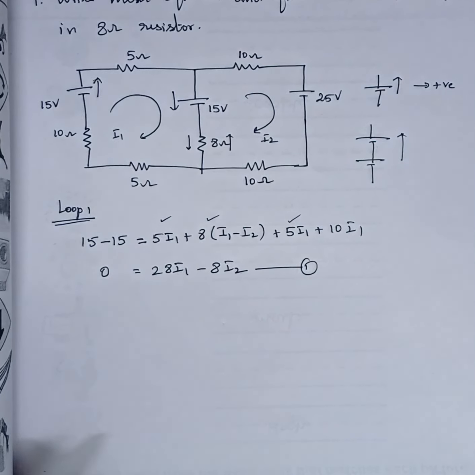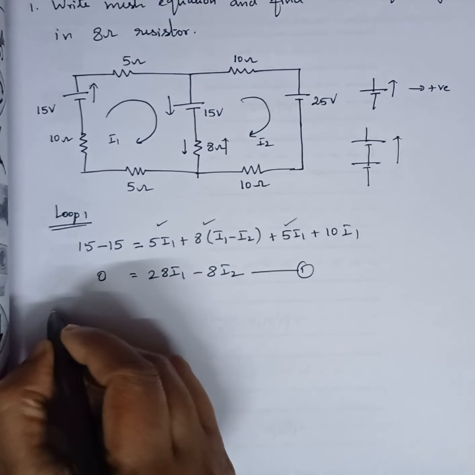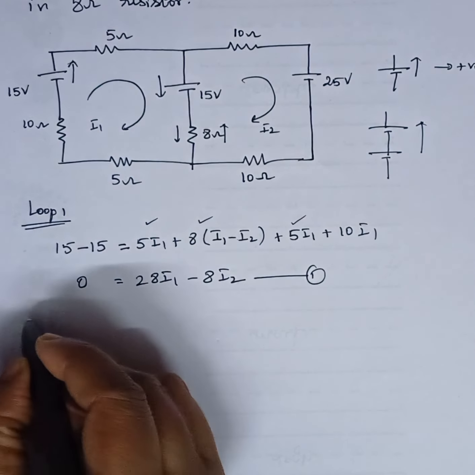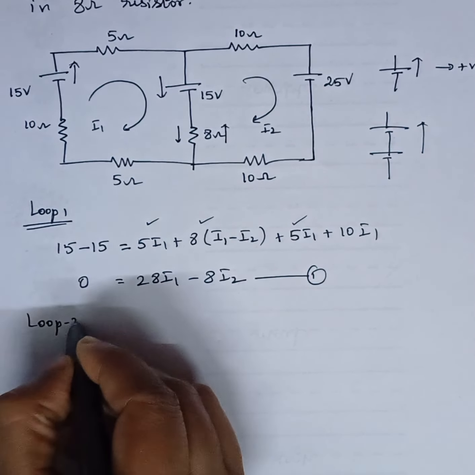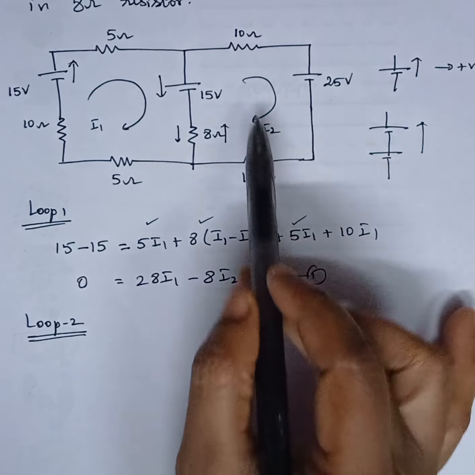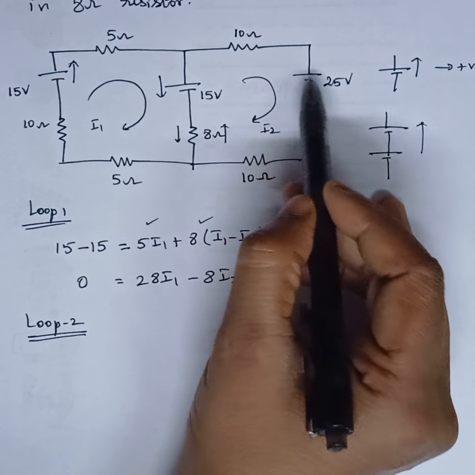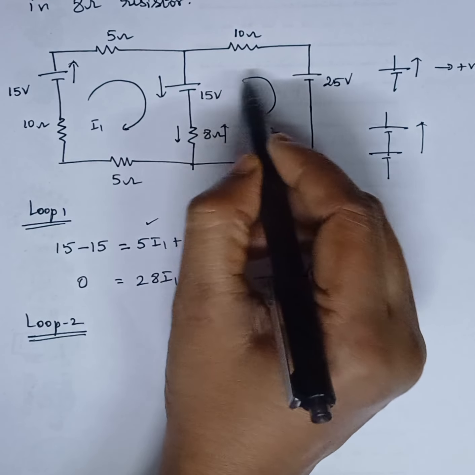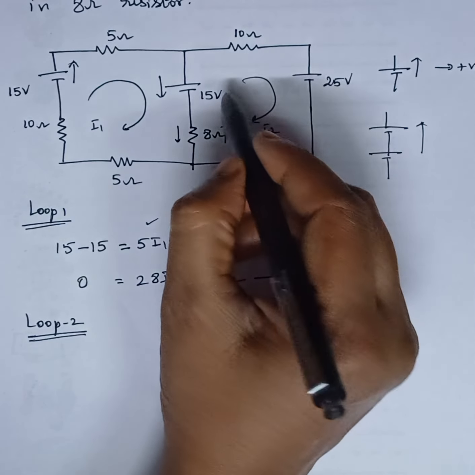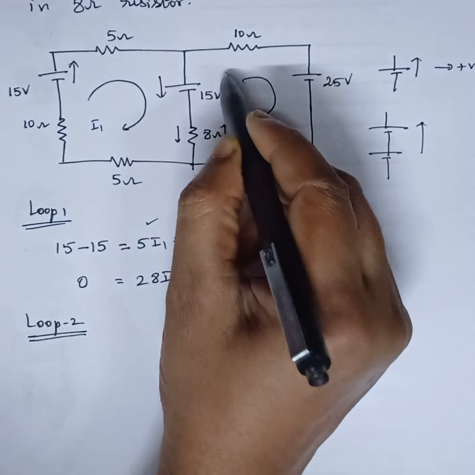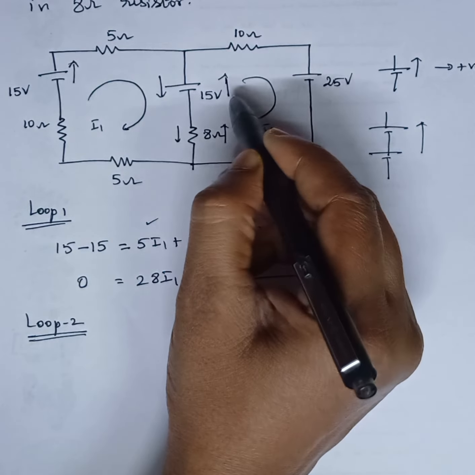Now we'll write the loop 2 equation. For loop 2, in the same manner, the sum of the potential rises: we have two voltage sources, hence two potential rises. In the first case, 15 volt, the current direction is like this, hence we take this as positive.